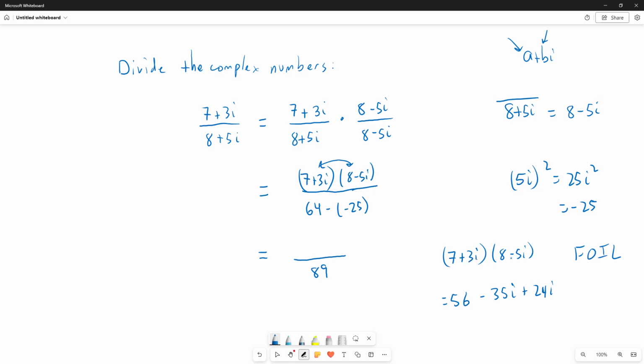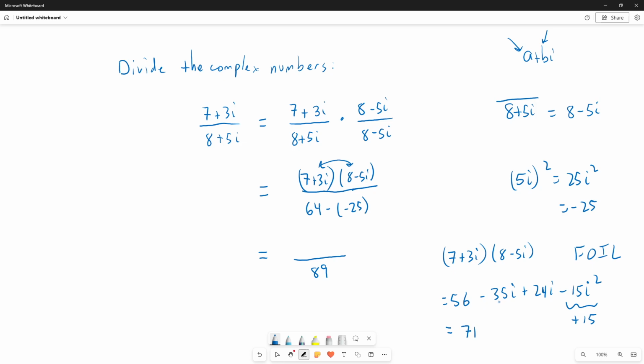And 3i times negative 5i is negative 15i squared, which is positive 15. So we get 56 plus 15, which is 71.